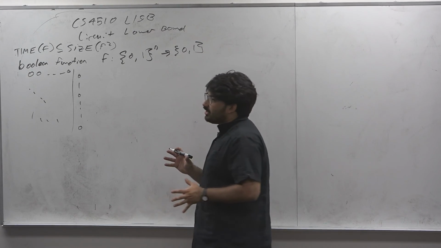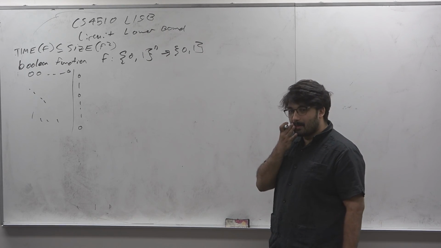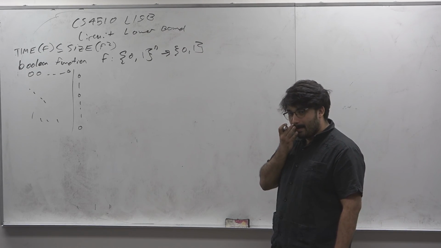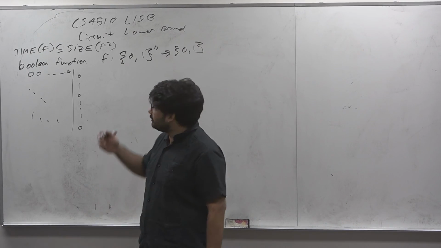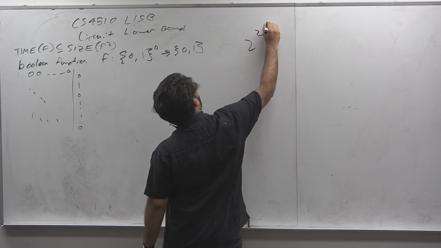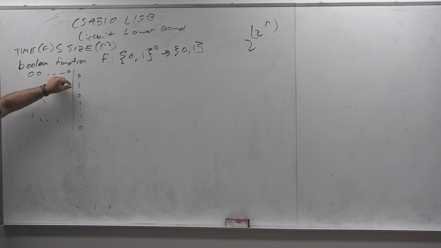I'll ask it in a different way. How many strings are there of length 2 to the n? 2 to the 2 to the n. Yes. The truth table has 2 to the n possible things, 1s and 0s here. So there's 2 to the 2 to the n possible Boolean functions of n bits. A lot of Boolean functions.